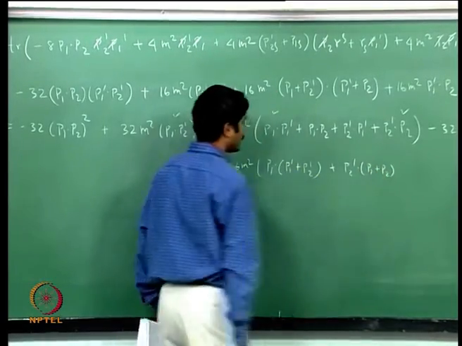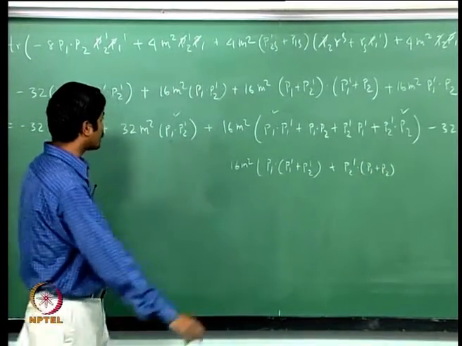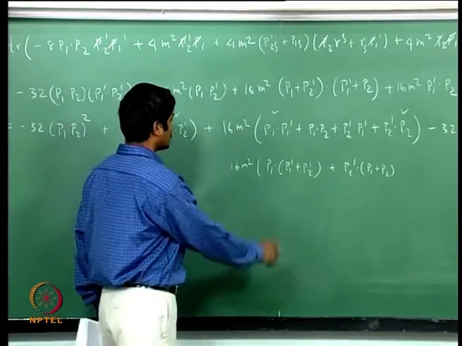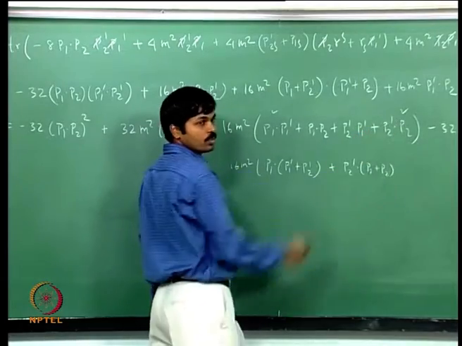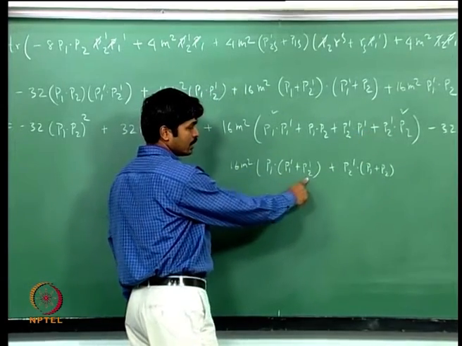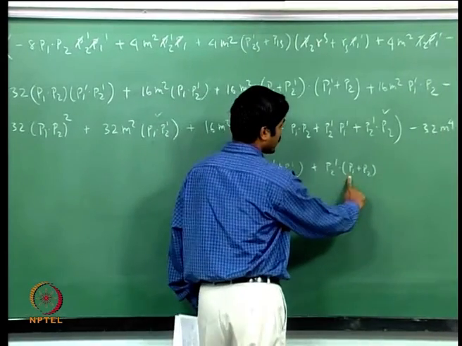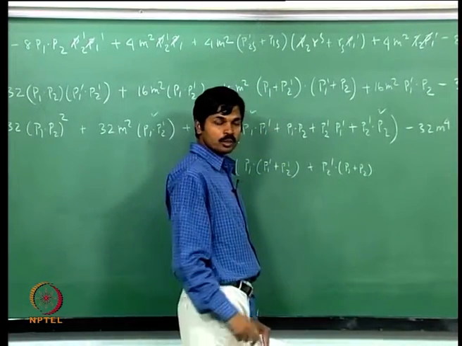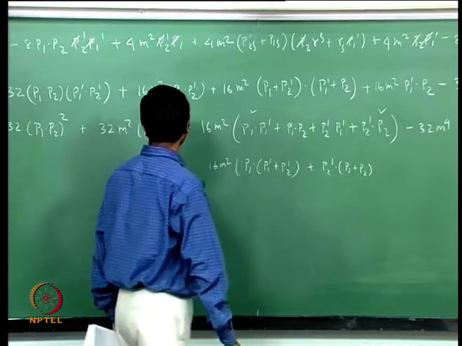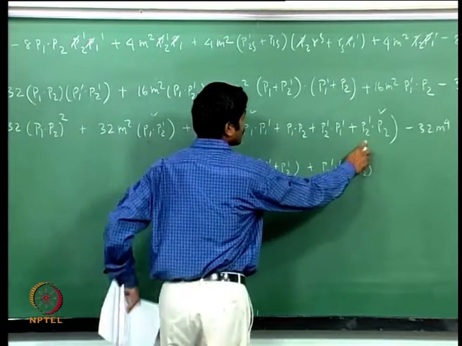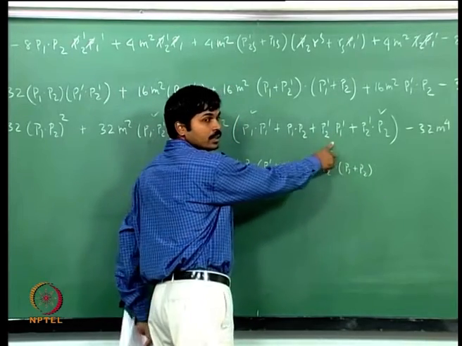Now, you can see why I wanted to combine it in this fashion, because here I can use the energy momentum conservation relation, and then I can write it as p1 plus p2. Similarly, here I can write p1 prime plus p2 prime. So, this takes care of this term and then these two terms. What is left is these two here.